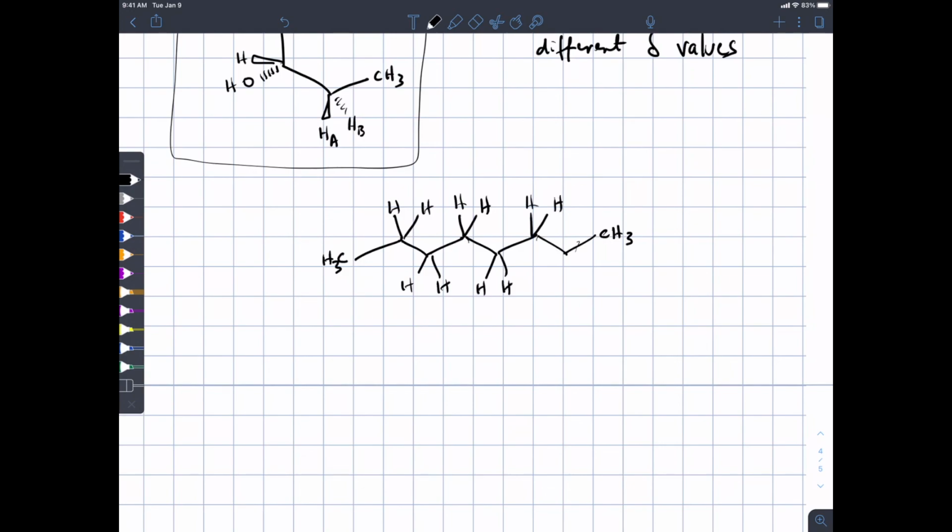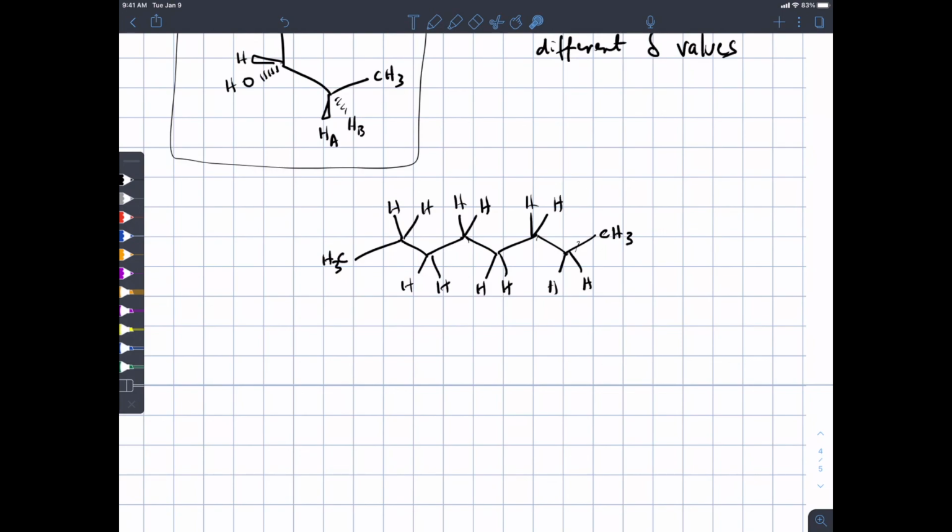In a molecule where there's not that much difference in the overall environment from one proton to another, you will start to see peaks overlap with each other. The NMR spectrum will get complicated and impossible to interpret. So obviously, we're not going to ask you to solve the structure if it can't be solved.